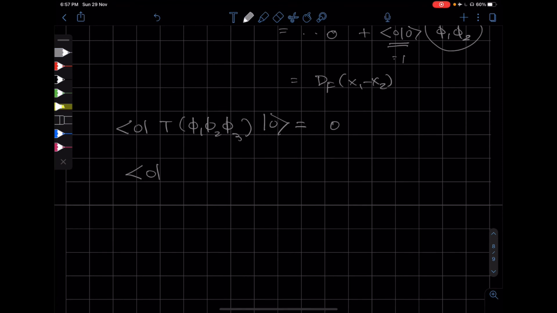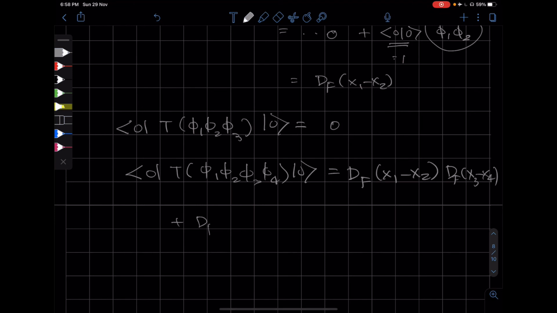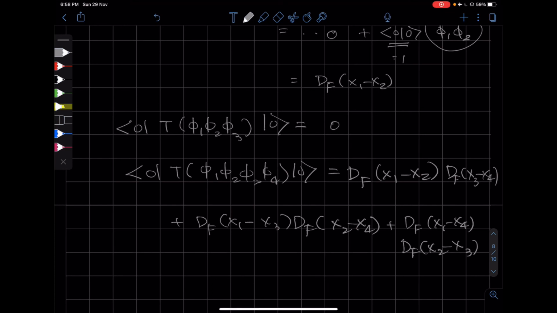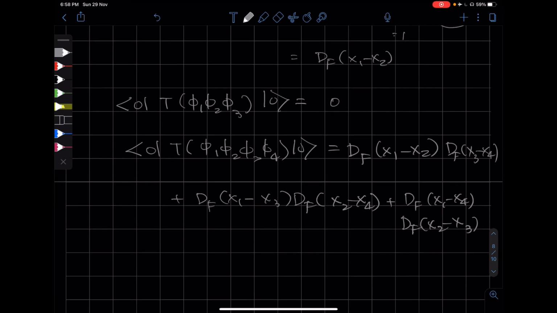On the other hand, if I take the time-ordered product of four operators, then only the term where all the operators are contracted will be non-zero, and therefore the result of this would be the Feynman propagator between x1 and x2 times D_F(x3 minus x4), plus D_F(x1 minus x3) D_F(x2 minus x4), plus D_F(x1 minus x4) times D_F(x2 minus x3). So this is what the vacuum expectation value does.